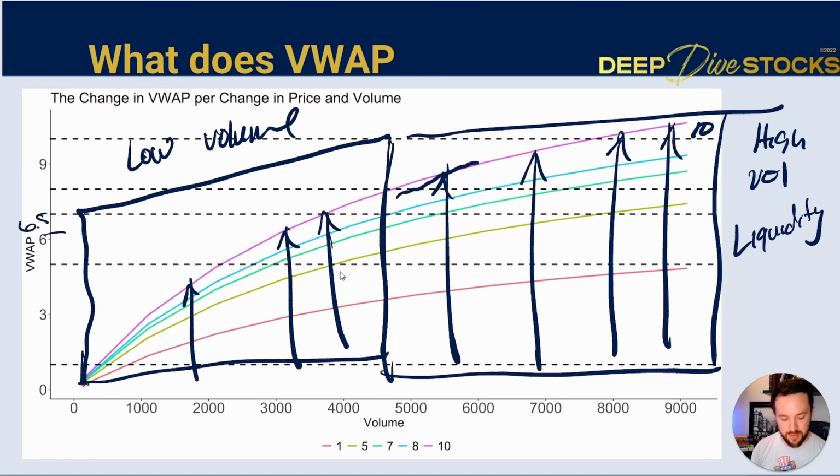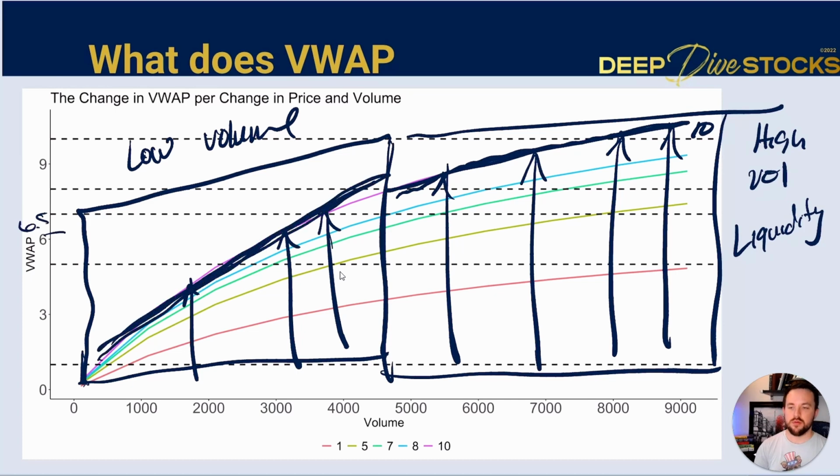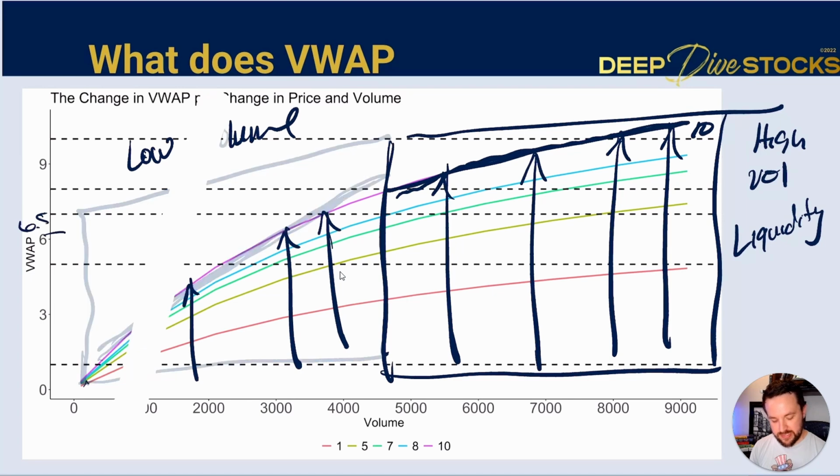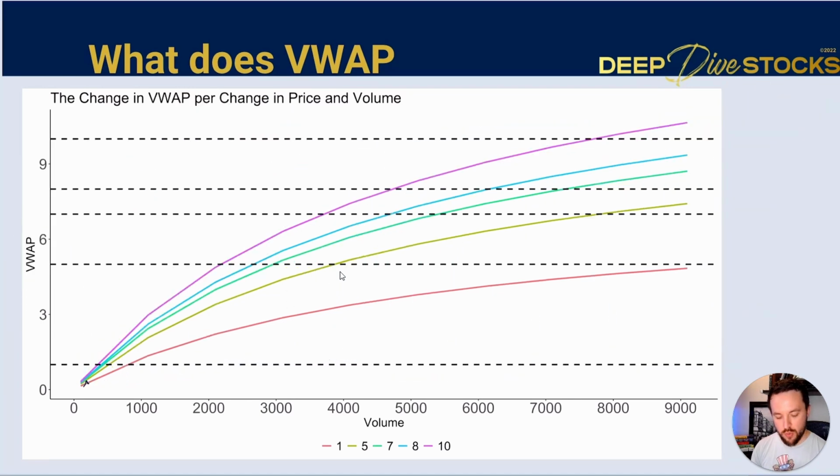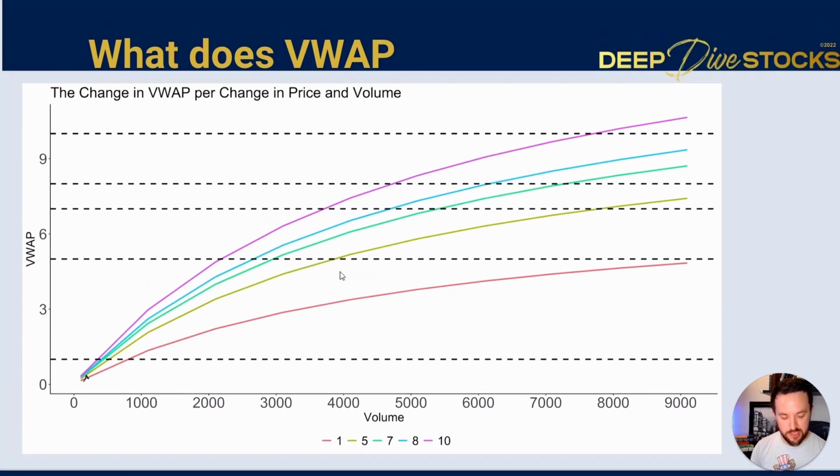So notice that VWAP in highly liquid environments, where there's a lot of volume, doesn't move as much as VWAP with low liquidity. So if anyone ever says VWAP's not a liquidity metric, they're wrong. Show them this video. But again, the problem is that it is a diminishing return liquidity metric after a certain point, which is where I assume people started talking about anchoring.